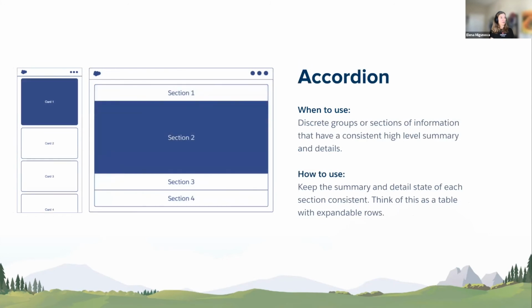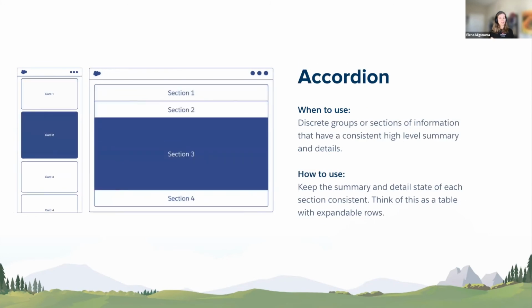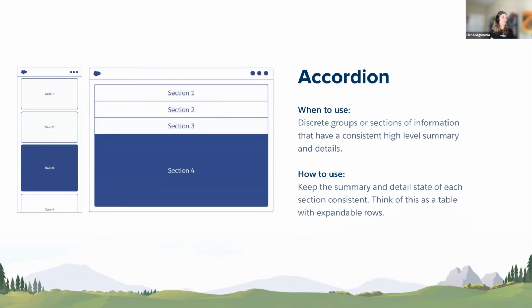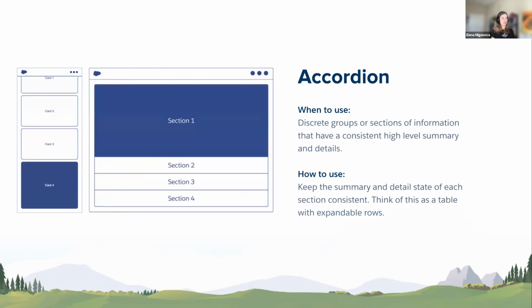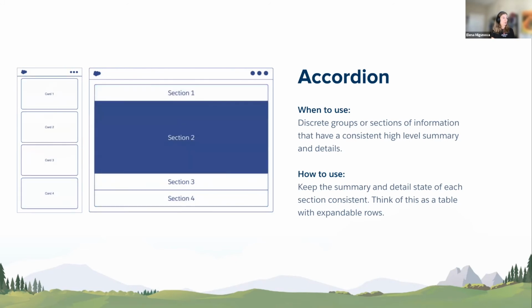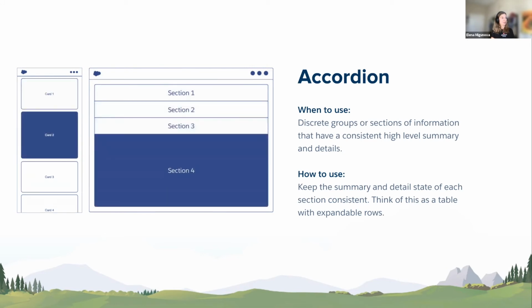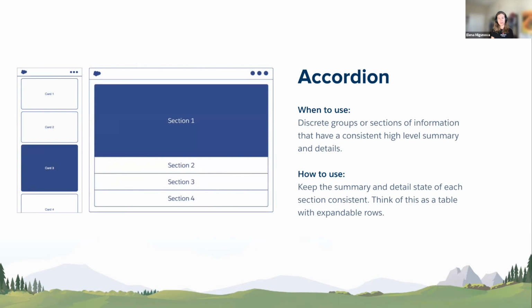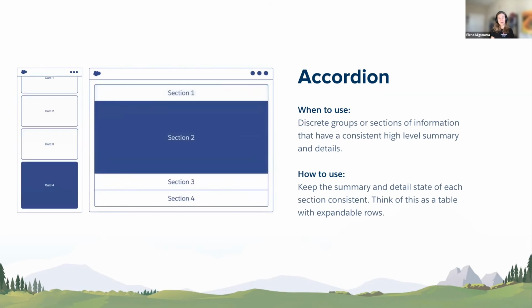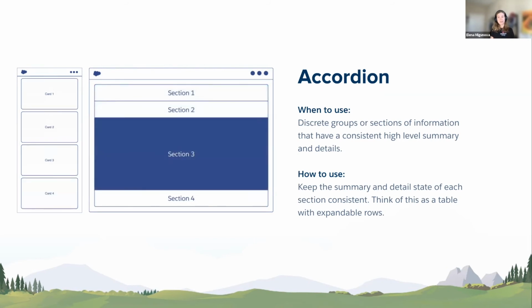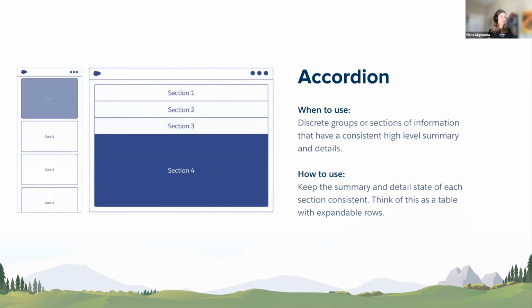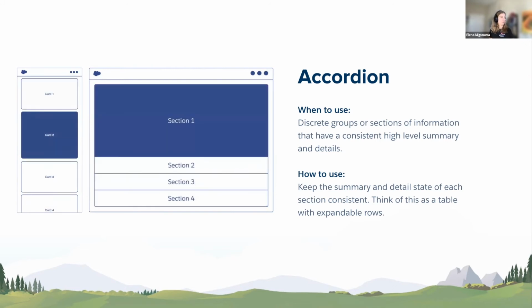Or this example here, that's called an accordion. So very similar. Again, each section has some high-level KPIs overview, and you can click into each section and see more details. This pattern can work on desktop or mobile layout. Very versatile. It also adds this interactivity to your experience, makes this experience more delightful for your user.